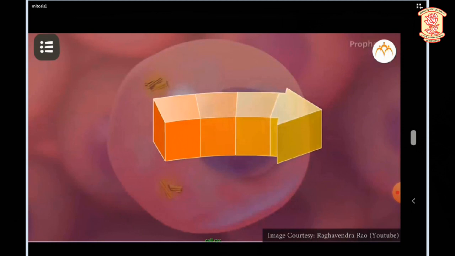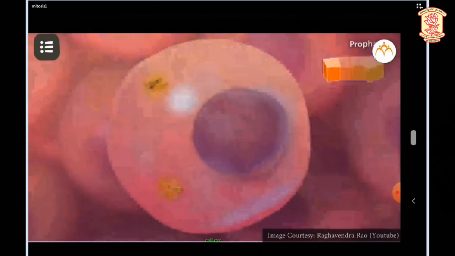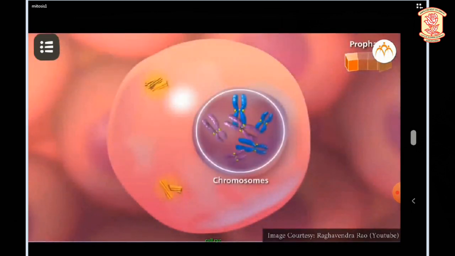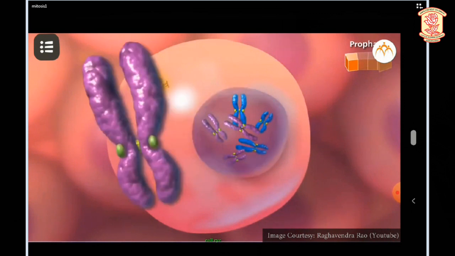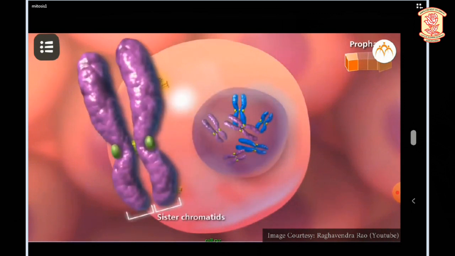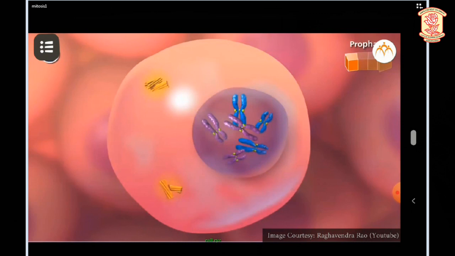This phase is the prophase, where you can see the cell is getting ready by duplicating the DNA, while the centrioles are taking their place. The nuclear membrane and nucleus start disappearing.